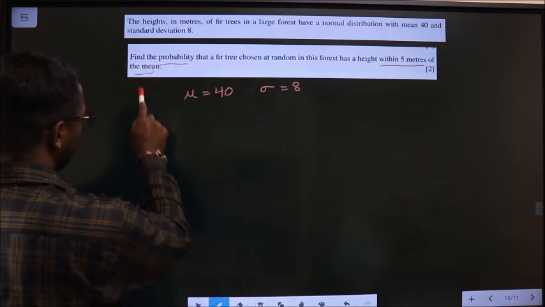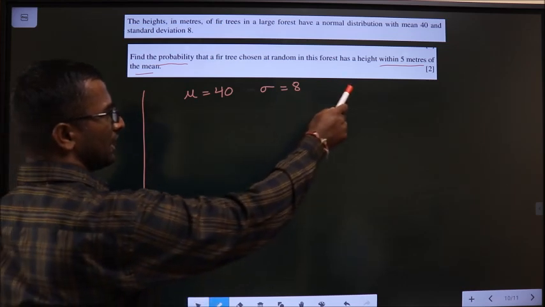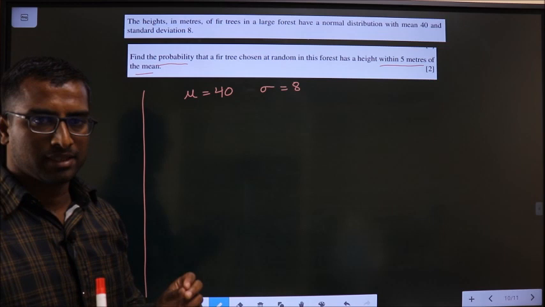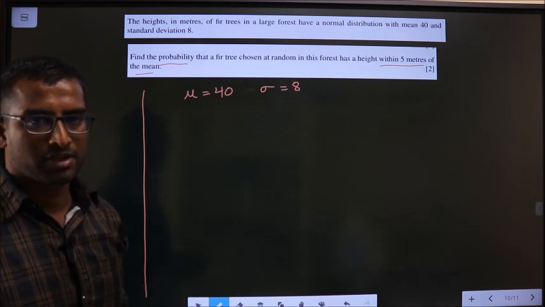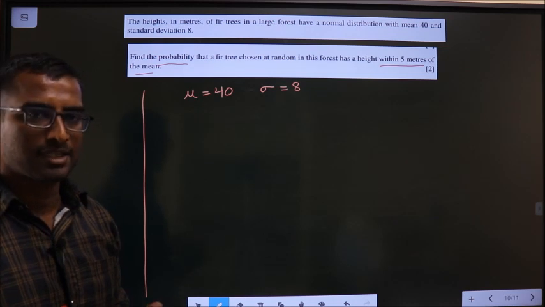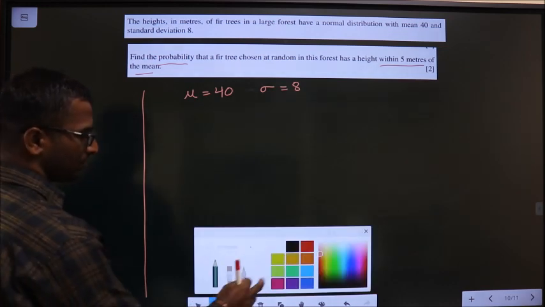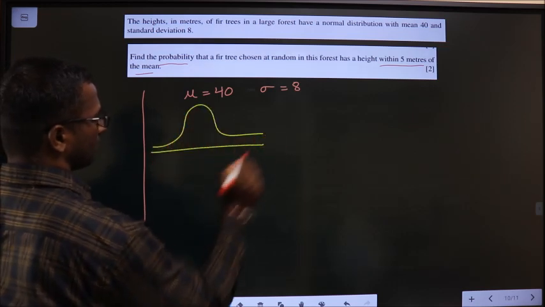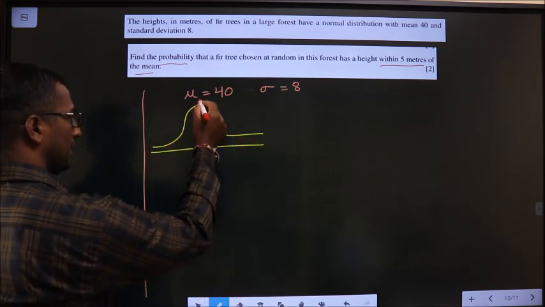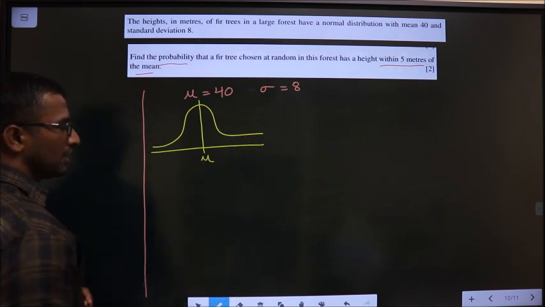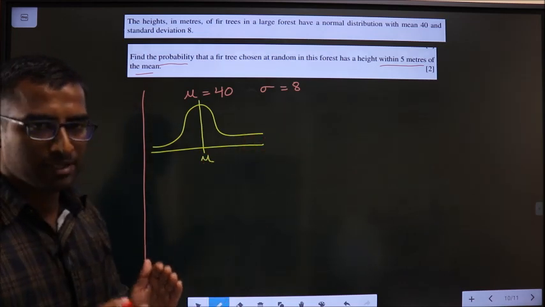Okay, read this one more time. Within 5 meters of the mean, you need to find the probability within 5 meters from the mean. Now how do you understand what it means? See, if I say this is a normal distribution curve and here is the mean, within 5 meters of the mean, he just said within 5 meters.